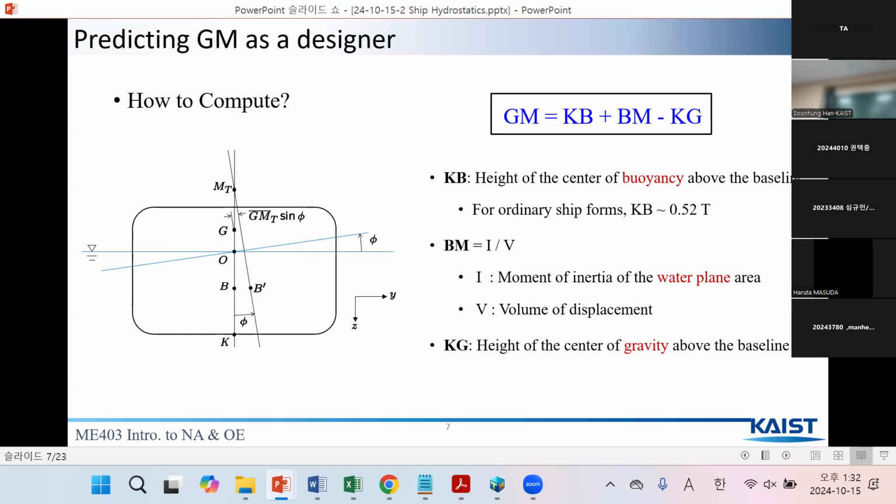Volume displacement is constant. Moment of inertia of the water plane area. This is the water plane area, the water line. The water plane area should include the long distance. This is also changing, right? The area, the shape is changing.